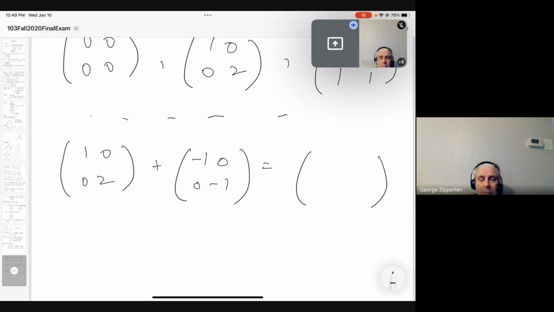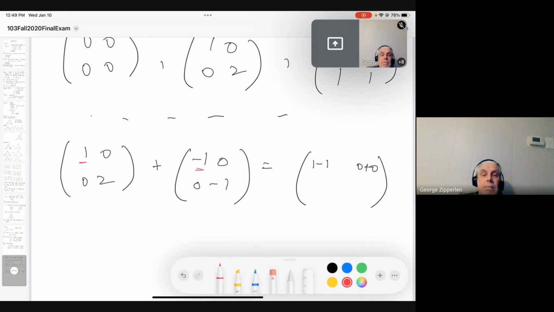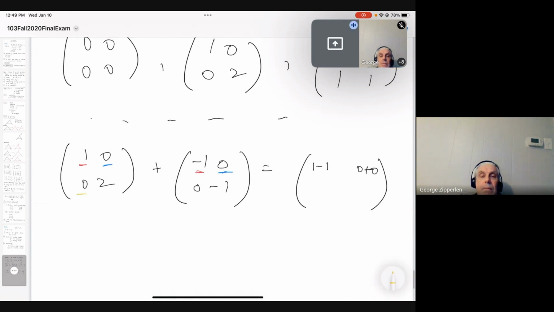So this is 1 minus 1, and then 0 plus 0, then 0 plus 0, and 2 minus 1. Whatever we get, 0 0 0 1, is our added matrix. So we have an addition.